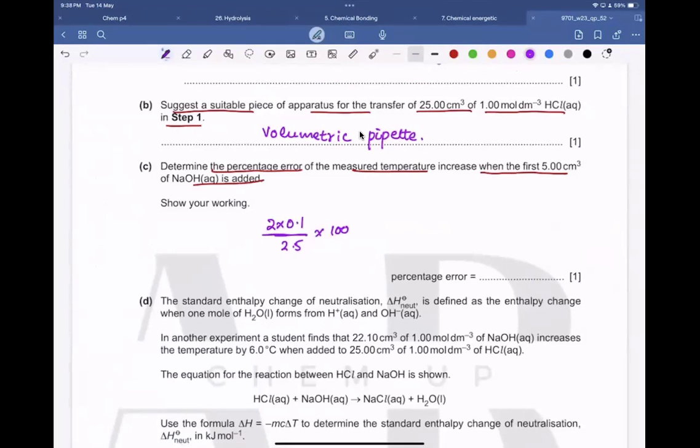Can anyone calculate it and tell me the answer? 0.2 over 2.5, times 100. So 2.5 times 4 is 10. Isn't it 8? Yes, thank you, Ahmed.